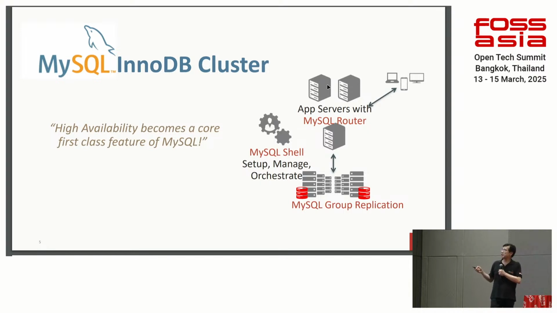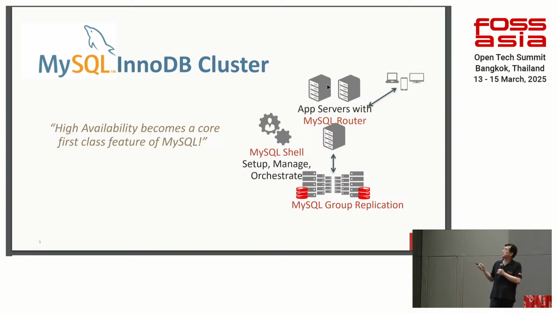Once you do some configuration with MySQL Shell, an InnoDB Cluster metadata schema is created under each node, each MySQL database. Those schemas offer the configuration information of the whole group replication.